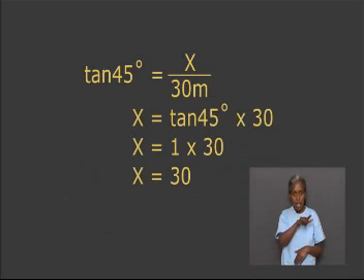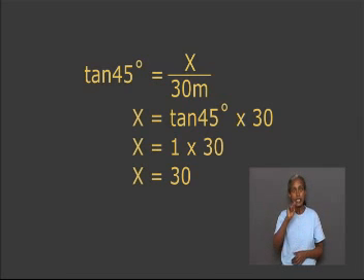When his line of sight is directed at the bottom of the flagpole, its angle of elevation is 40 degrees. When he is looking at the top of the flagpole, its angle of elevation is 45 degrees.